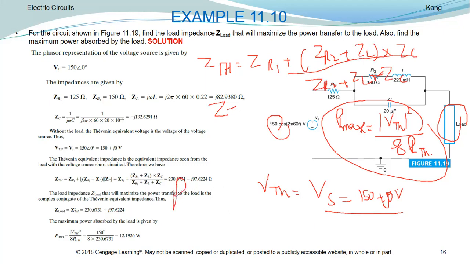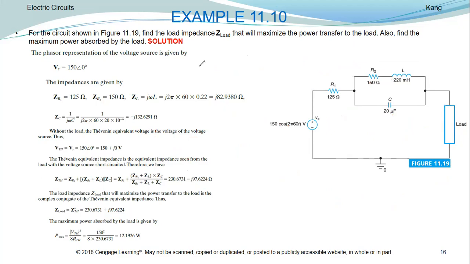So my P max will be equal to, now before computing the formula, you have to do a simple calculation. So my two parameters: V Thevenin will be equal to 150 plus j0, 0 degree V, and the R Thevenin value will be equal to 230.6731. Now we have to put all these in the formula.